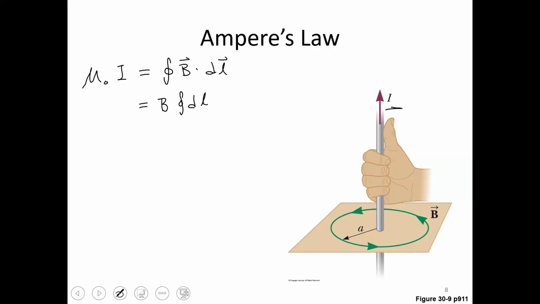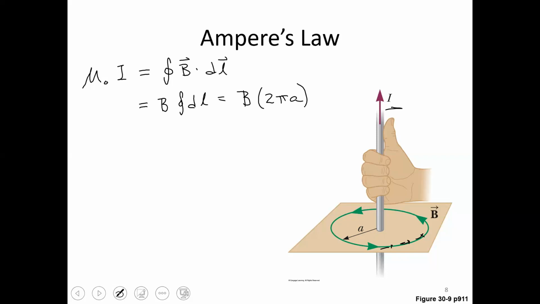The integral of all these dLs, adding up all these little bits of length, gives the circumference of that circle, so 2 pi times a, because a is our radius in this case.